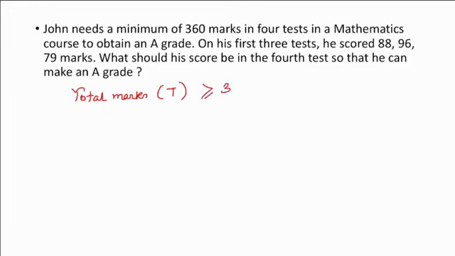So it should be greater than or equal to 360. So that is his total marks, and it consists of 4 tests. So test 1, let's put it as A, test 2 as B, test 3 as C, and test 4 as D. So the summation of all these tests should yield marks greater than or equal to 360.